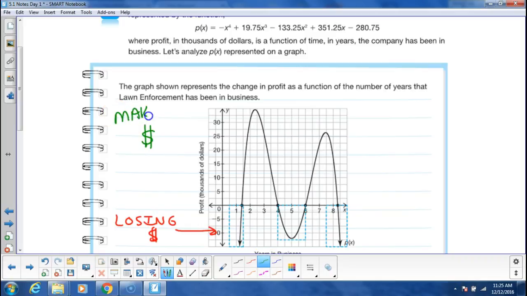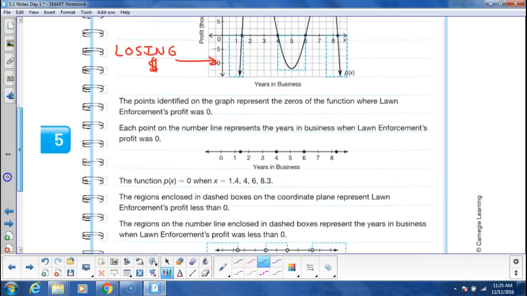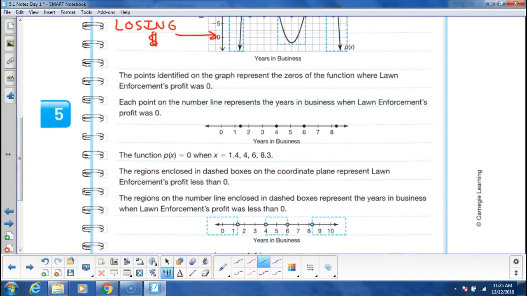above the x-axis. We're losing money below the x-axis. Okay? What the book did in this line is they just broke down the x-axis. Okay? And so over here, we're losing.